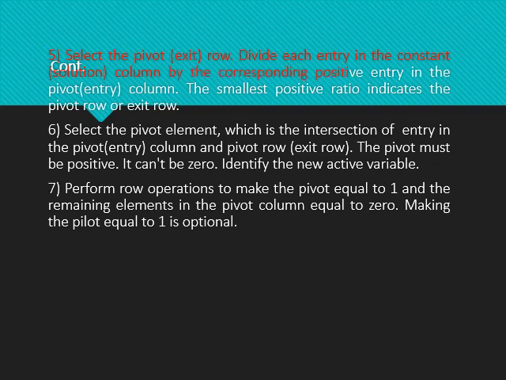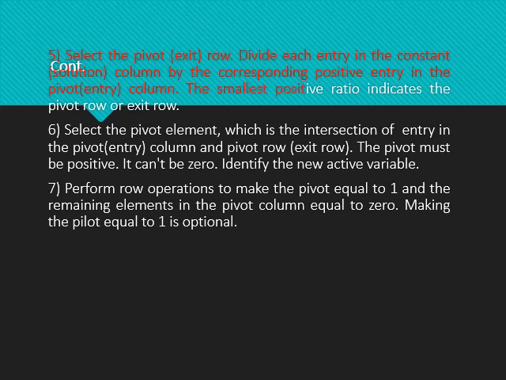The smallest positive ratio indicates the pivot row, exit row actually. So entry column and exit row.